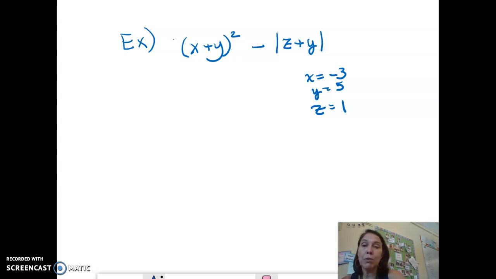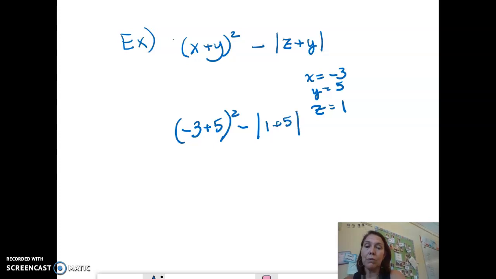So I'm just going to make all the substitutions, and I'm going to create my own order of operations problem. So I have this: plug in x, negative 3 instead of x, plus 5, that whole quantity is to the second power, minus the absolute value of z is 1 plus 5, absolute value.